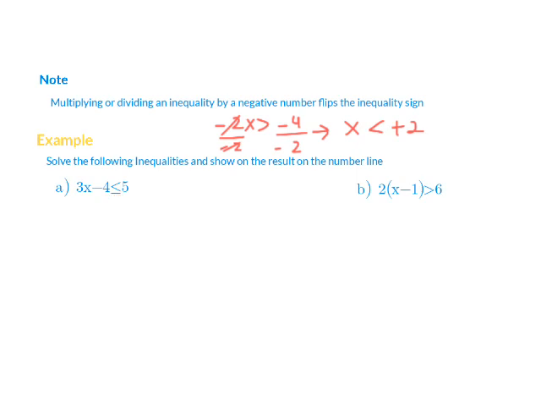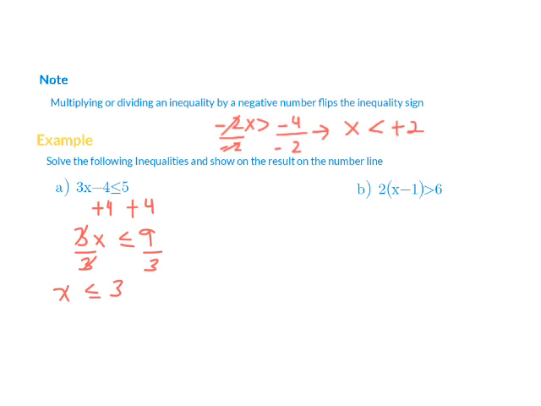So, I will add 4 to the left hand side and 4 to the right hand side. So, 3x becomes less than or equal to 9. I will divide here by 3 and the right hand side by 3. So, x is less than or equal to 3.